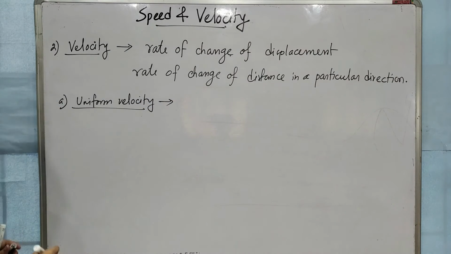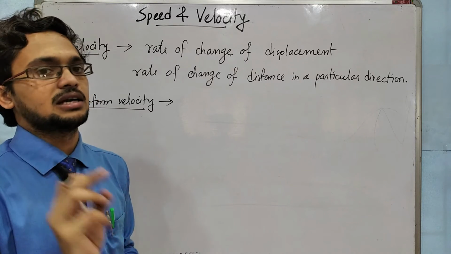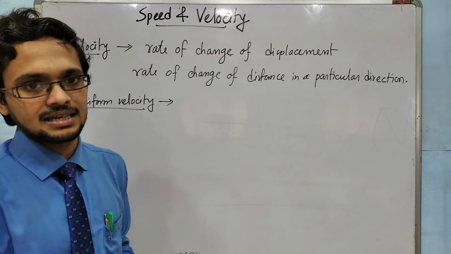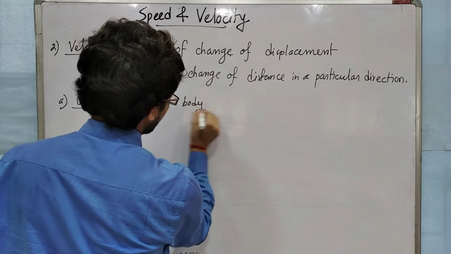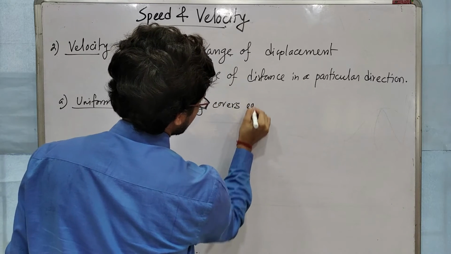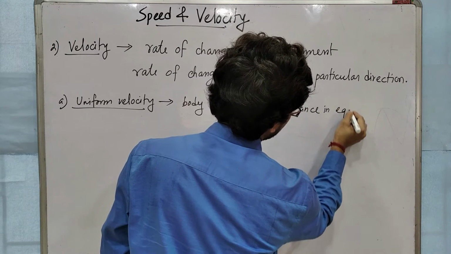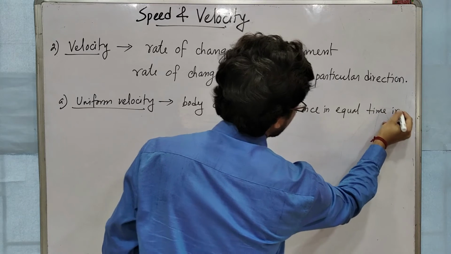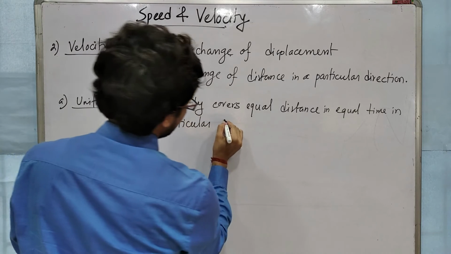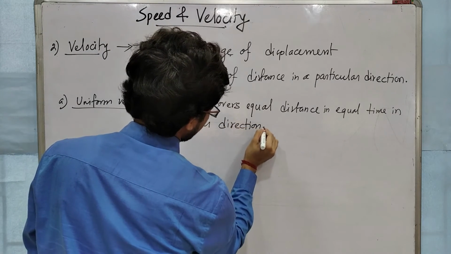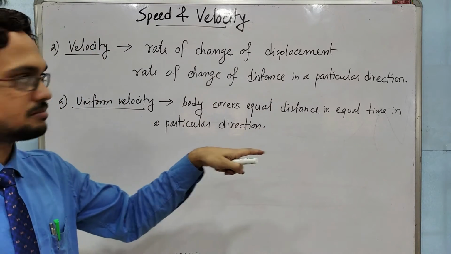Uniform velocity means the body covers equal displacement in equal time, or the body covers equal distance in equal time in a particular direction, because this is a vector quantity.